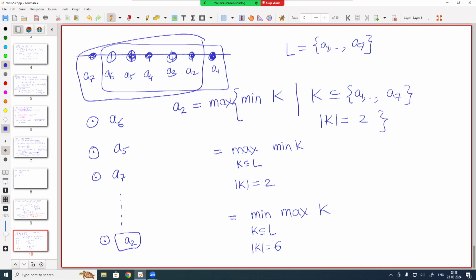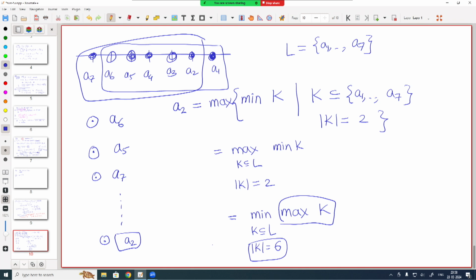For those 6 elements, the maximum will be A2. So, when I take the max over all possibilities of cardinality 6, this list will be almost always A1, but once it is A2. To pick out that A2, all I have to do is take the minimum of all these maxima, and that minimum is exactly A2.